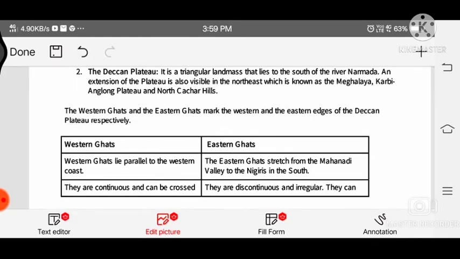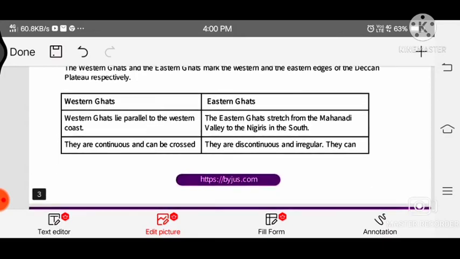Western Ghats lie parallel to the western coast, and Eastern Ghats lie stretched from the Mahanadi Valley to the Nilgiris in the south.